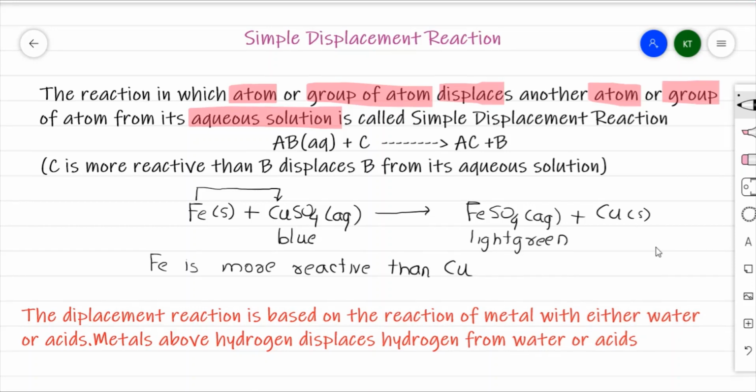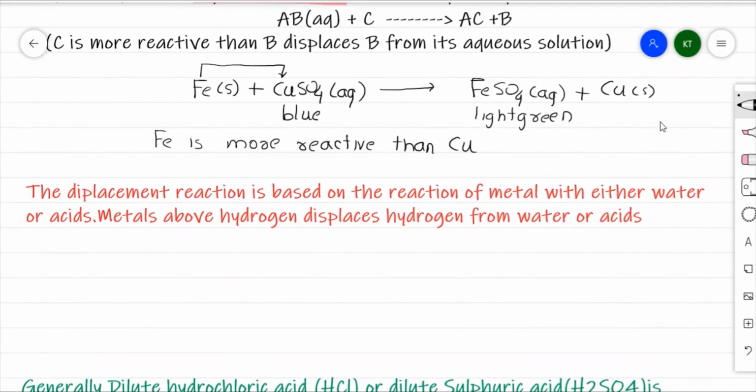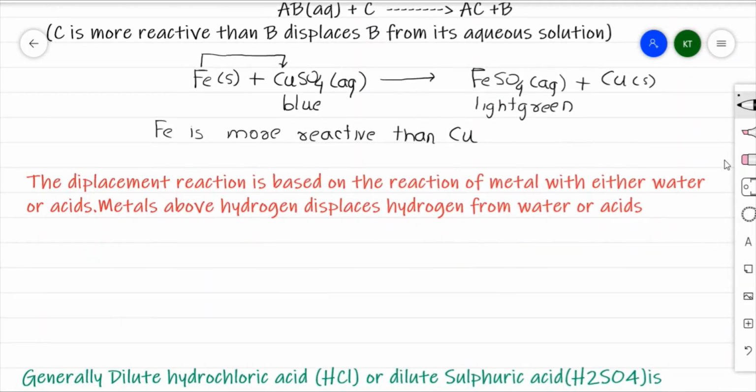Now, generally displacement reaction is based on the reaction of a metal with either water or acid. So we have a reaction of sodium metal with water. What will happen?